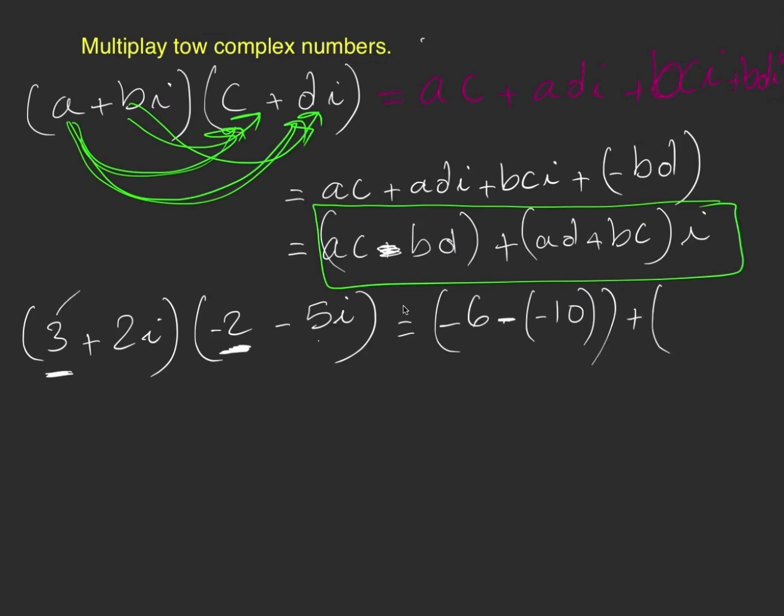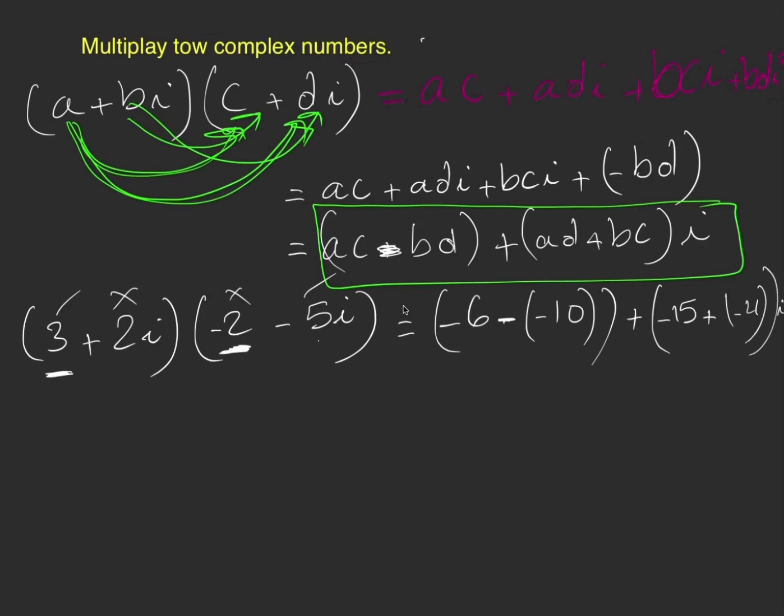We have a here and d here, so it is minus 15, plus bc. We have b here and c here, is minus 4, minus 4i.